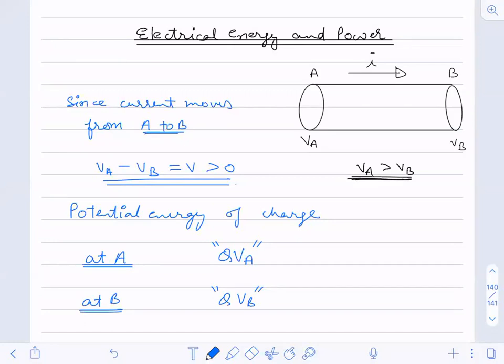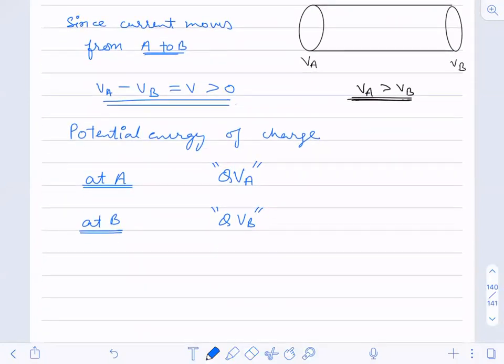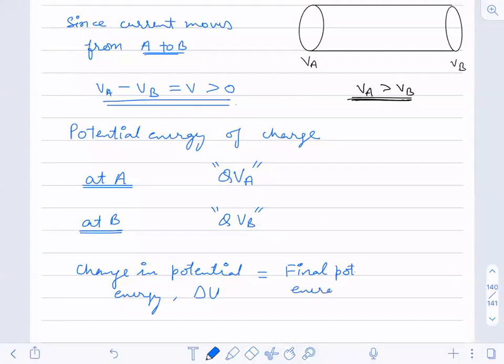Now what you have to calculate is the change in potential energy, which is delta U. You will write it as final potential energy minus initial potential energy.